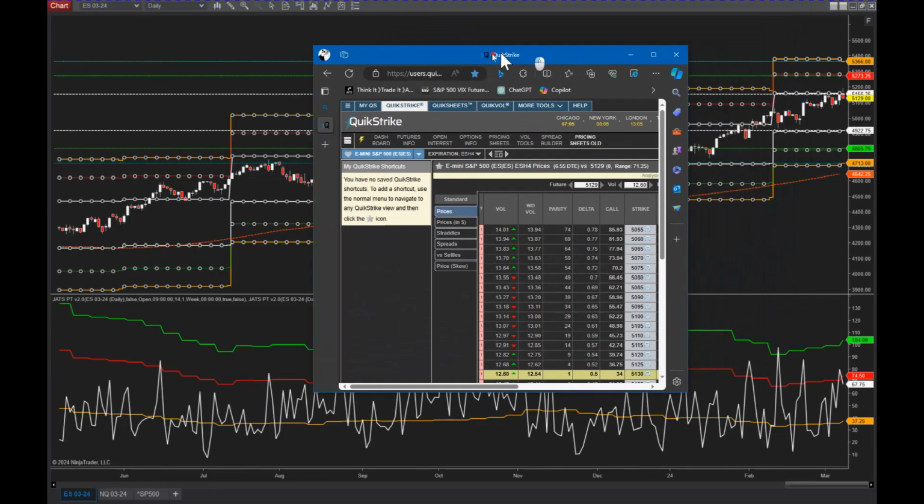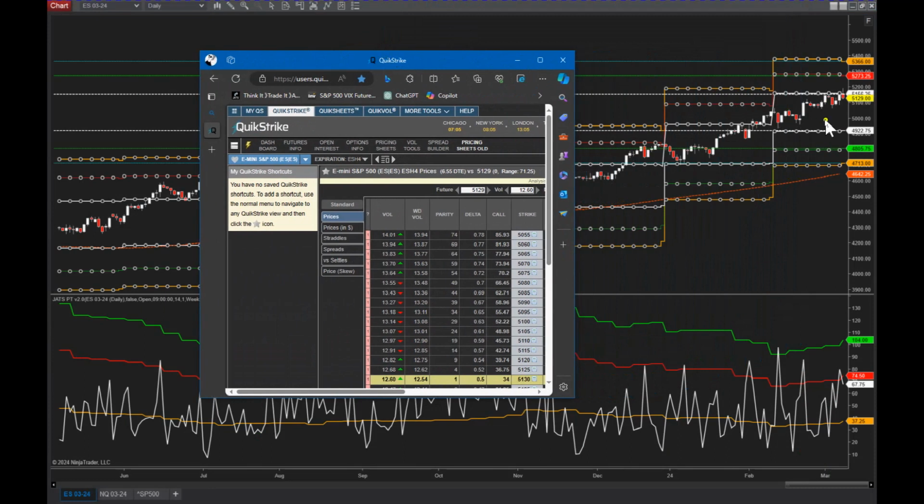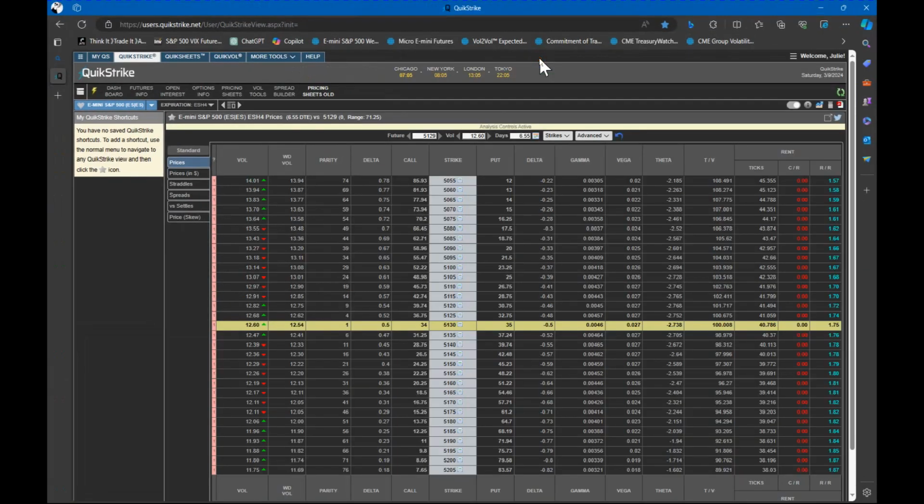$51.30 is the mean. That's right where we are. We're sitting on the monthly mean. And that lower 49.22, gamma is higher to the upside.